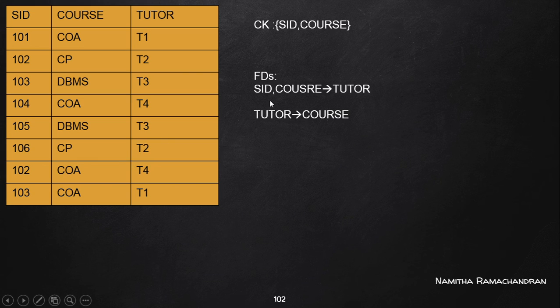Now consider certain valid dependencies over this relation. SID and course can uniquely identify tutor ID. Is it right?